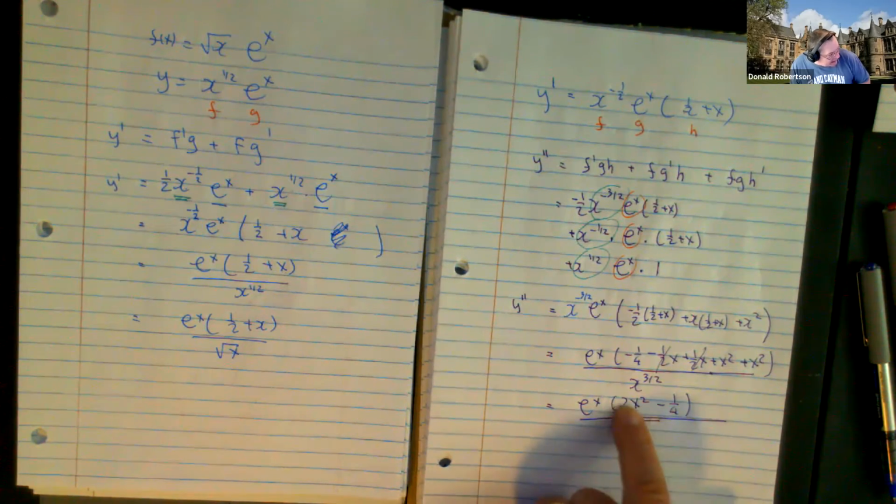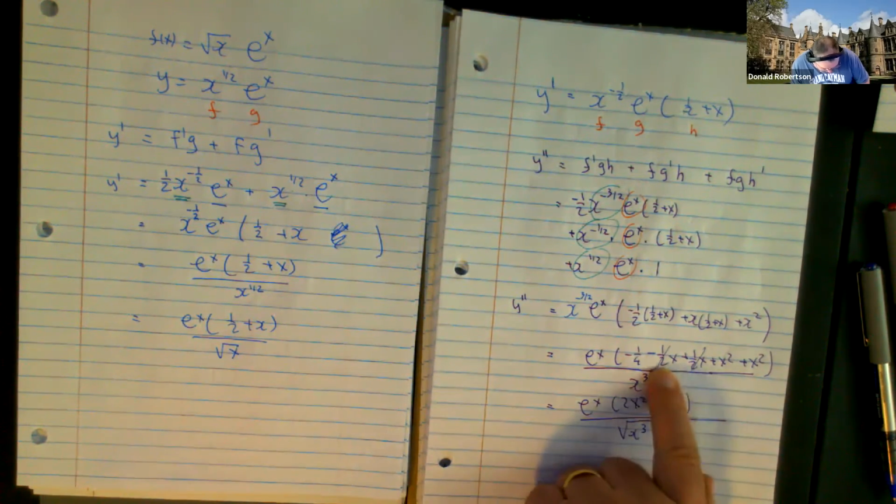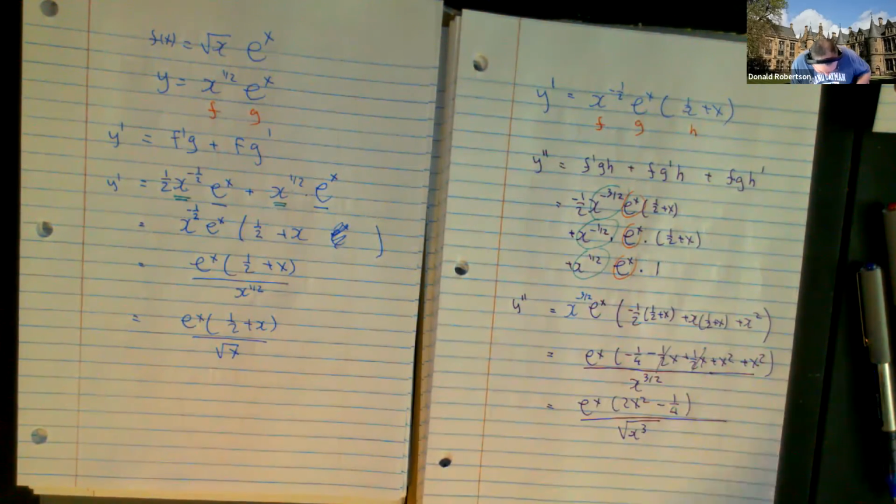But the x's didn't disappear. And I'm not sure why they didn't disappear. Because it looks quite obvious that they kill each other off here. And there are no more x's left unless I missed an x somewhere.